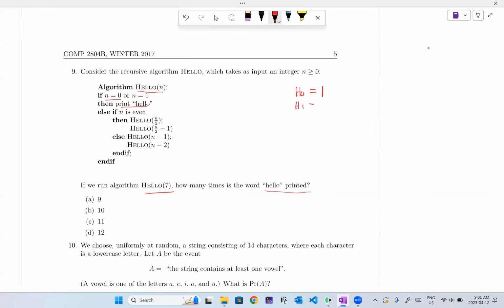H1 also equal to 1. If I give an input of 1, then I print hello once. So now I'm going to look at H2. H2, well, if n is even, then I call hello n over 2 and hello n over 2 minus 1. So that means this calls H1, so 2 over 2 is 1. 2 over 2 minus 1 is H0, so this is equal to 2.